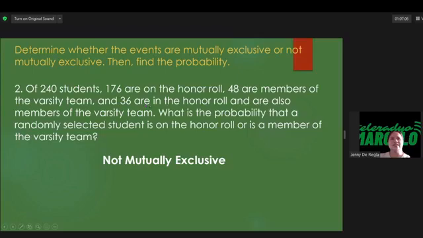In the given, 36 are in the honor roll and are also members of the varsity team. So therefore, these are not mutually exclusive events. So the answer is equal to 47 over 60.